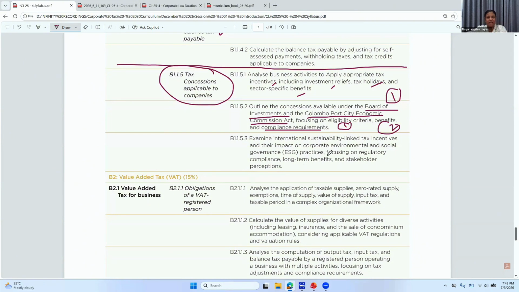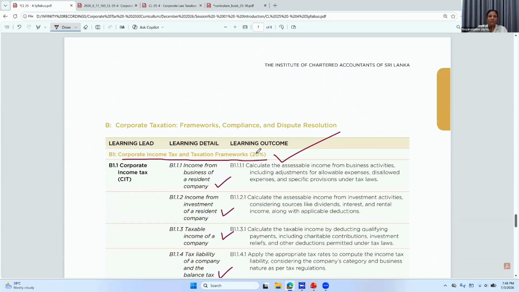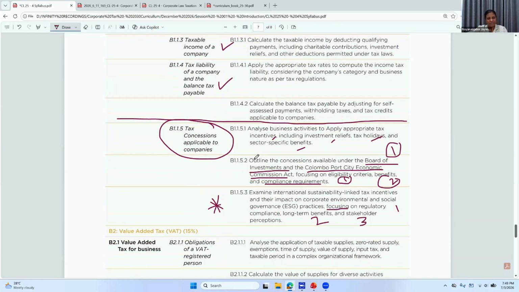Again, the main focus is on the regulatory environment, long-term benefits, stakeholder perception. I would say these are very, very important. Emerging topics can be highly testable for your examination, as they were tested in June 2026 also. Okay, this is for the first 20% of your syllabus.